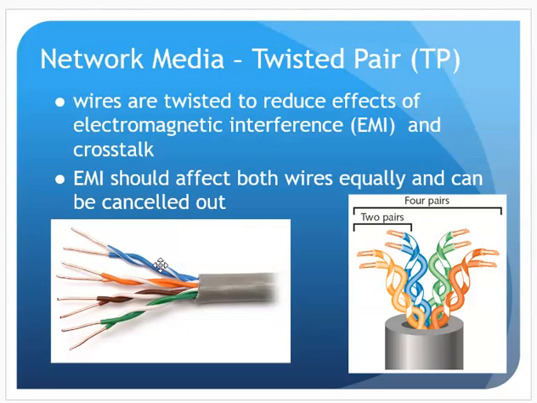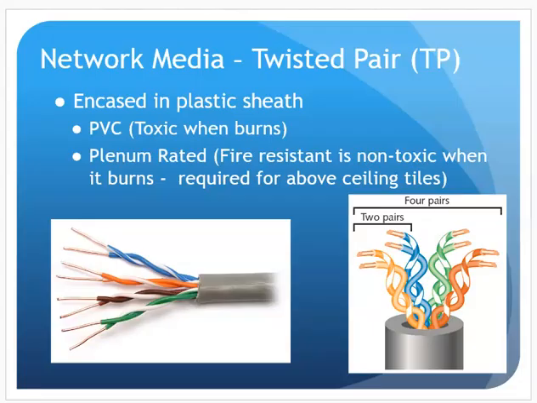Well, if one of those wires is going one direction on a data signal and the other one's going the other way, when that noise hits that cable, those magnetic fields on those wires start canceling each other out. So it acts like, and I'm doing air quotes again, it's called self-shielding. It is not actually shielding, but it's self-shielding because it kind of cancels out those magnetic fields that are acting as noise. So the twisting of the wire pairs together was very important and still is very important for keeping a good data signal across there and minimizing the noise that might be interfering with our data signal.